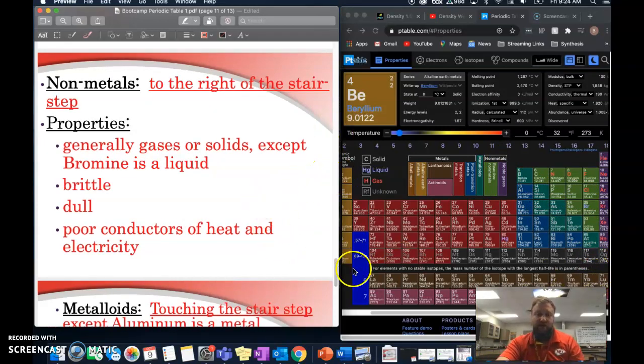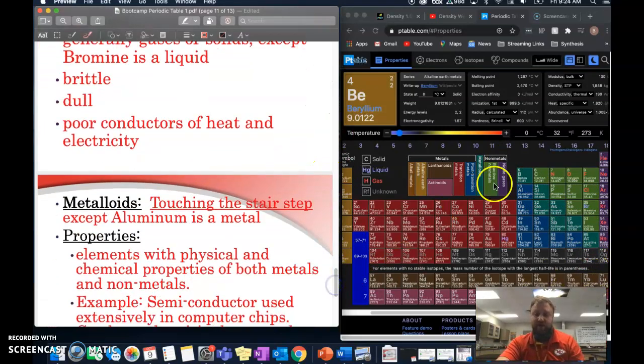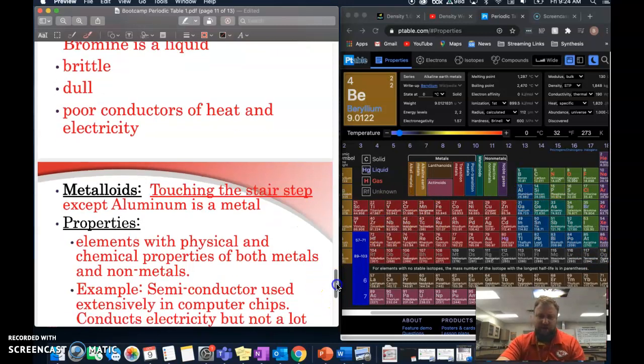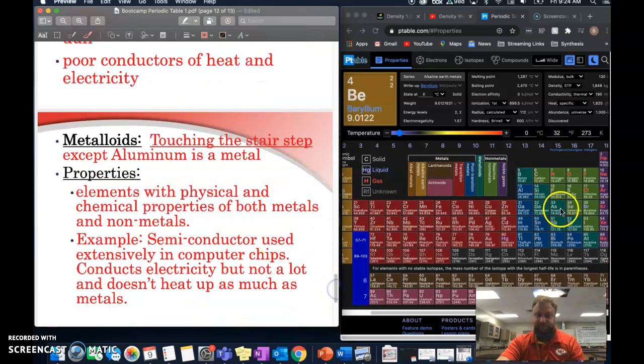And then finally, we're on to our metalloids. Our metalloids are colored on this periodic table as this forest green, or I don't know what you'd call this, I'm not a colorist. It's boron, silicon, germanium, arsenic, antimony, tellurium, and astatine.